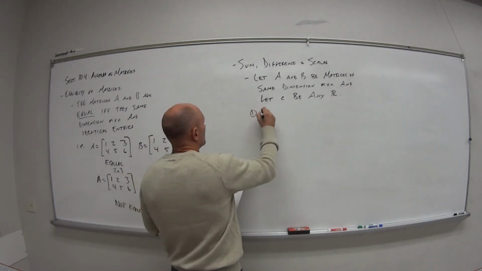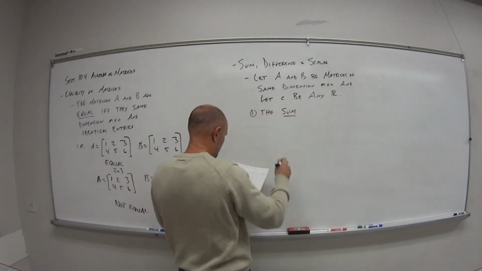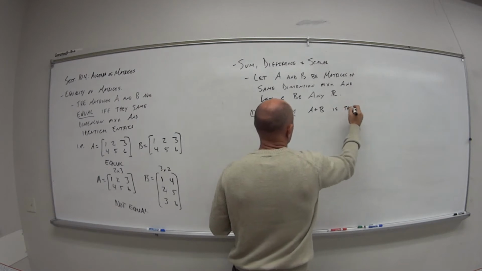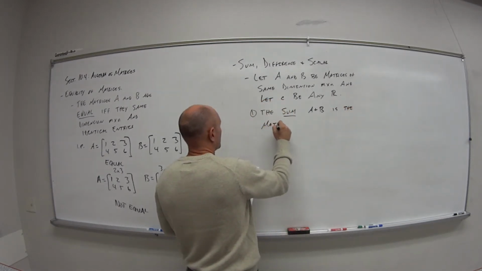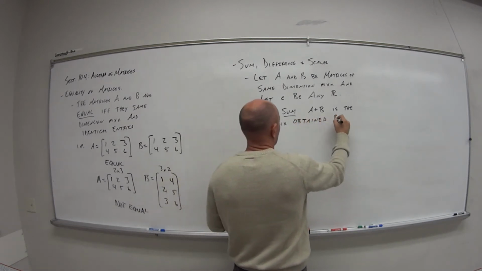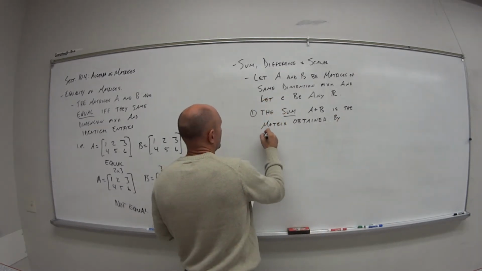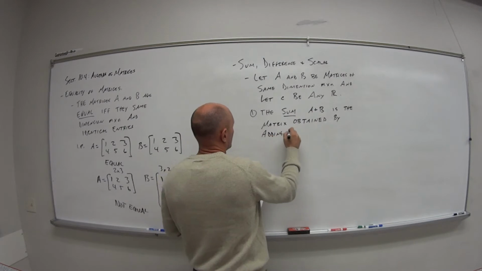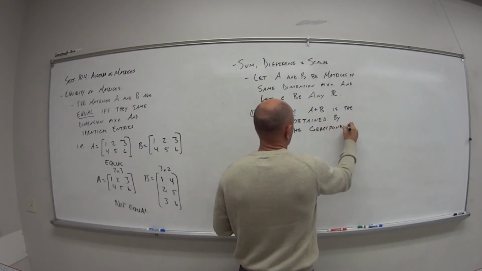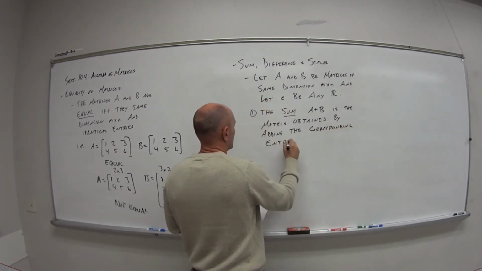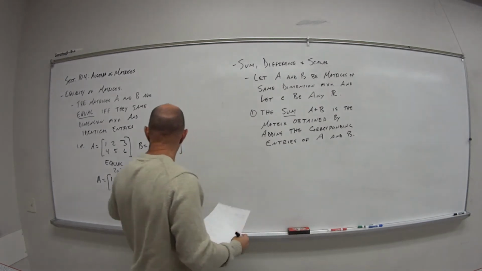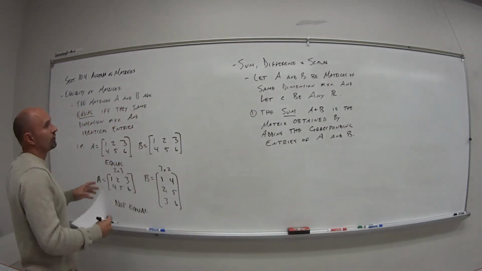The sum A plus B is the matrix obtained by adding the corresponding entries of A and B. So, if I go back to here, if I wanted to add these two first, are they the same dimension?